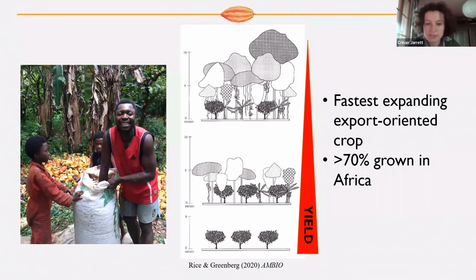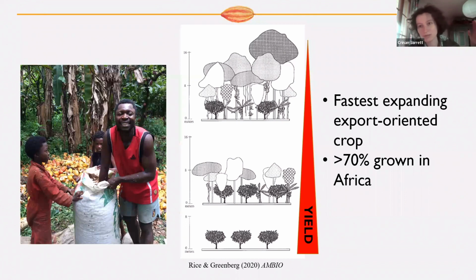And recently, in the past decades, there's been a push from policymakers, governments, etc., to intensify cocoa. So to remove shade trees from your cocoa farms and just have it in this high intensity cultivation. And the reason for this is that short-term yields tend to be higher in these high-intensity cocoa farms.